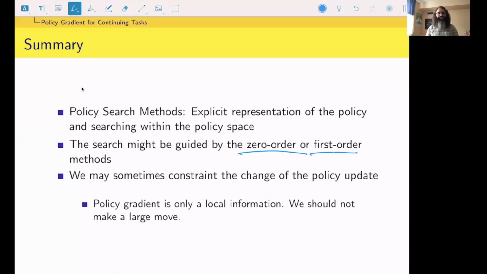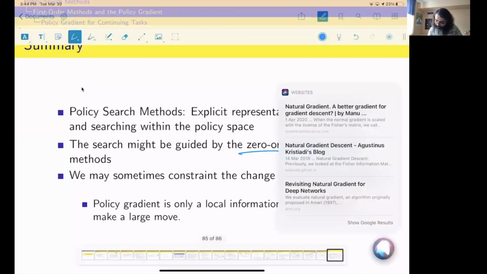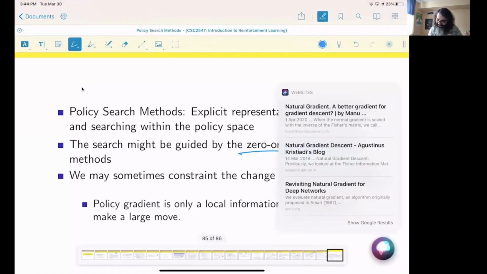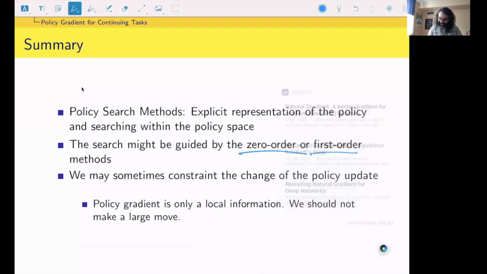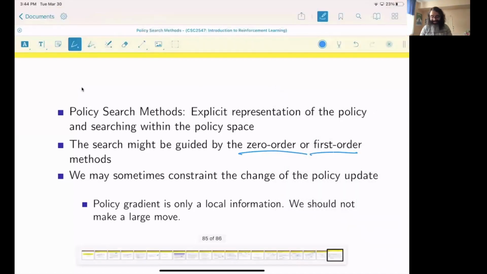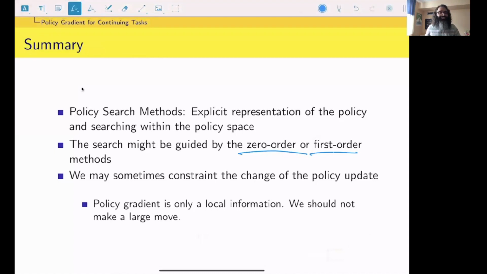So we can do something like a second order method that looks at the geometry of the performance in the policy space, but not exactly with the Hessian, but something called natural gradients. I found this on the web for natural gradients. Check it out. You can search for it, or I think I have given some readings on natural gradient.